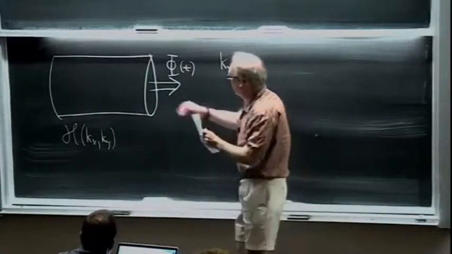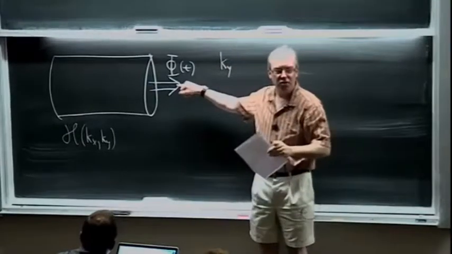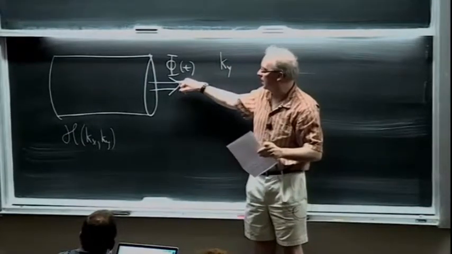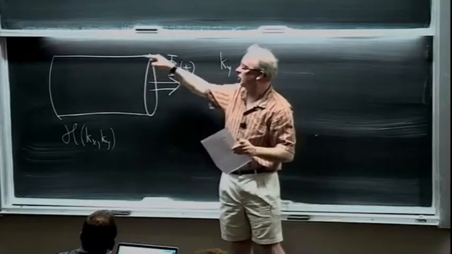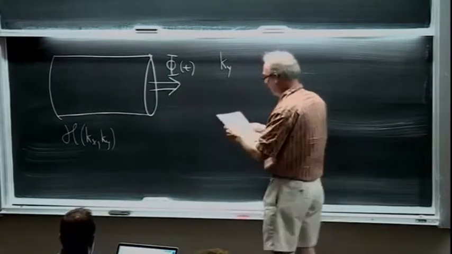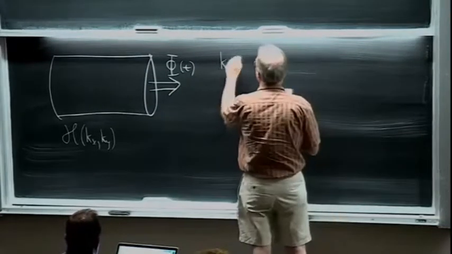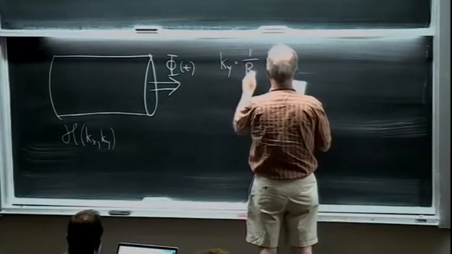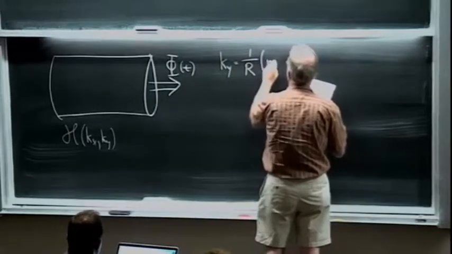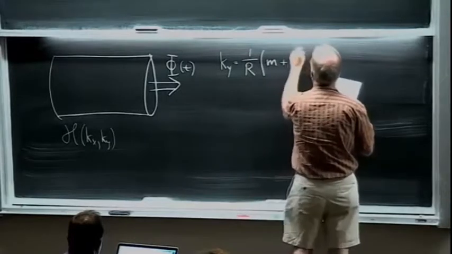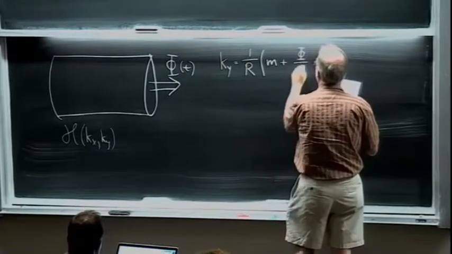And so in particular, now the magnetic flux that's going through the cylinder changes the values that ky can have. So the values that ky can have are basically 1 over the radius of the cylinder times some integer m plus phi divided by phi naught.